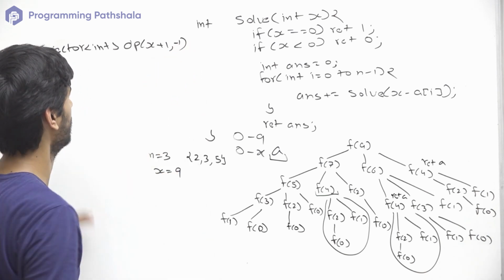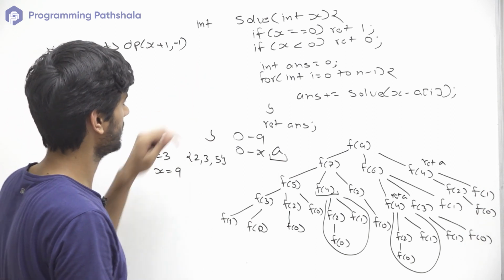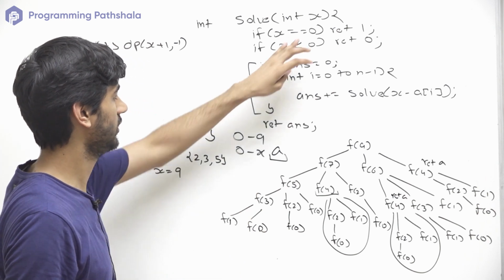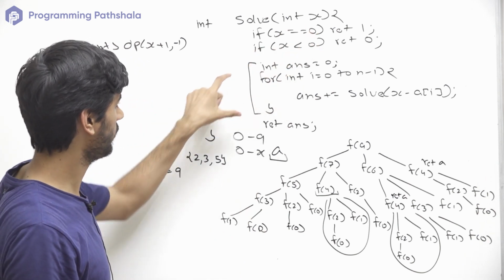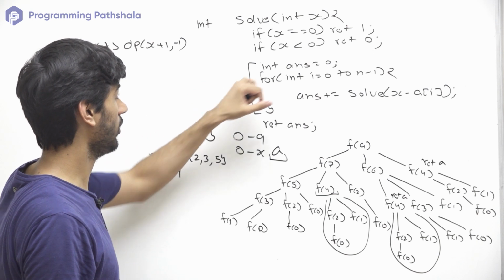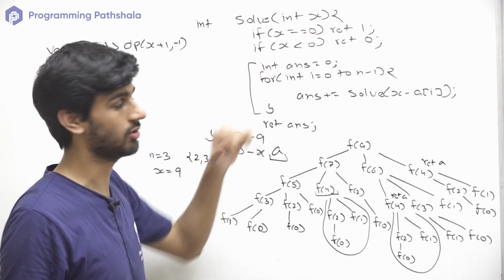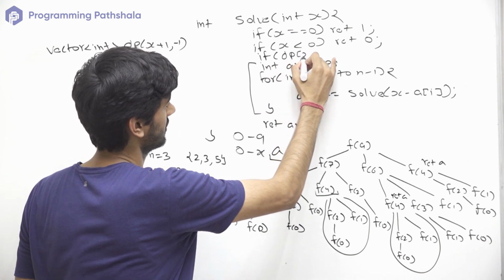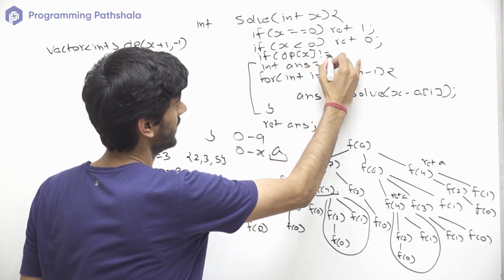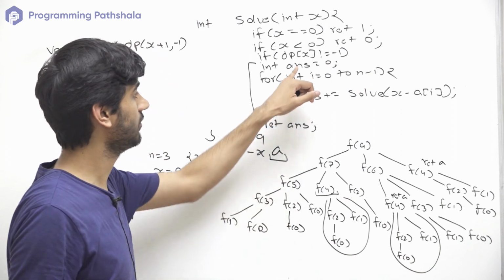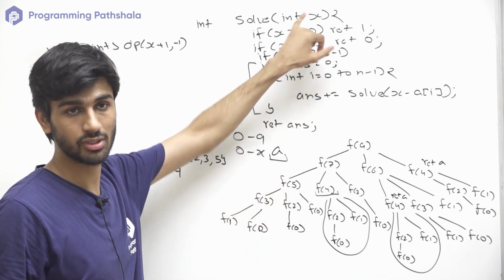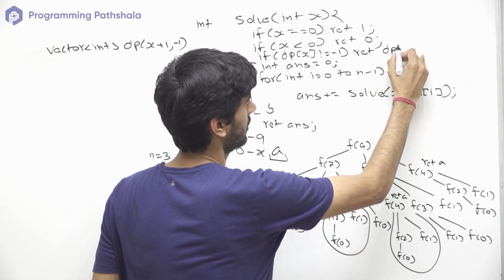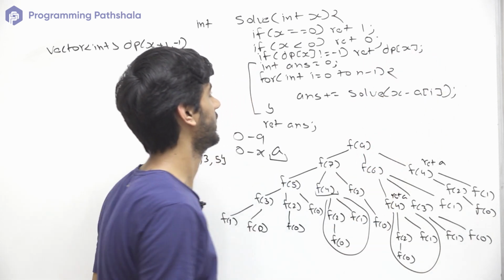So -1, cool. Now in this recursive code, this is the part where we are finding out the distinct number of ways to get a sum of x. So before executing this, we can check if we already have the answer for this x or not. So if dp of x is not equal to -1, in that case we can say that we have already calculated the answer for this given value of x, and in that case we can return dp of x instead of calculating it, right?